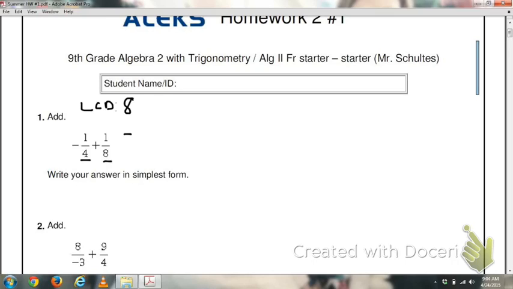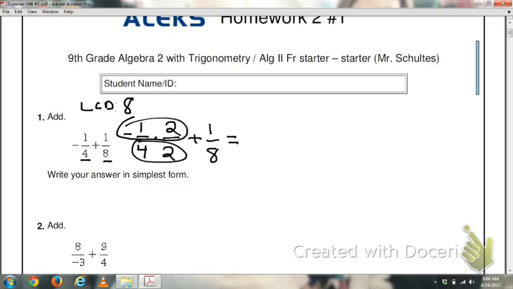So when I rewrite this negative 1/4, in order to make it have the denominator of 8, I need to multiply that denominator by 2, so that 4 times 2 becomes 8. Now if I multiply the bottom by 2, I need to multiply the top by 2. On the other hand, this 1/8 already has my denominator of 8, so I don't need to multiply that by anything. Now when you multiply fractions, we multiply top to top and bottom to bottom.